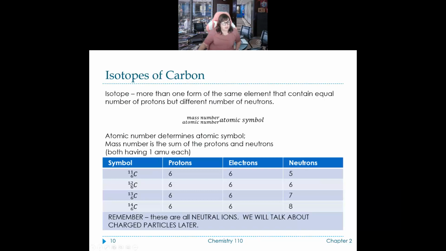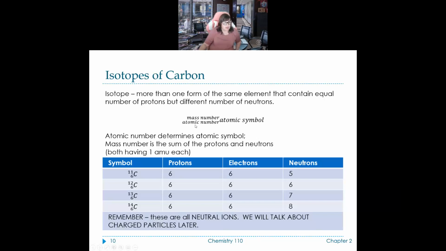The number of neutrons is dependent on which isotope I'm talking about. Typically we find that the number of neutrons is approximately equal to the number of protons, except as we get more massive, things have to get bigger.